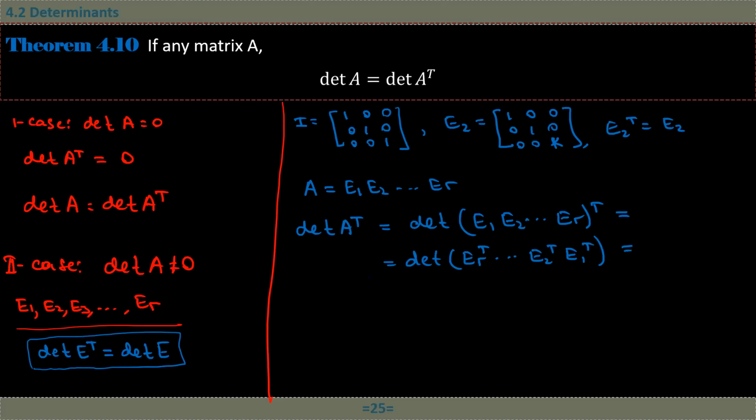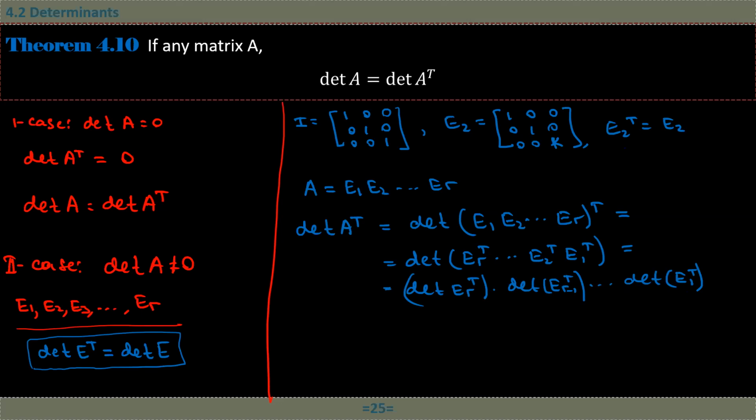And by using the property that the determinant of A times B equals the determinant of A times the determinant of B repeatedly, I can write it as the determinant of ER transpose times the determinant of E(R minus 1) transpose, ..., the determinant of E1 transpose.